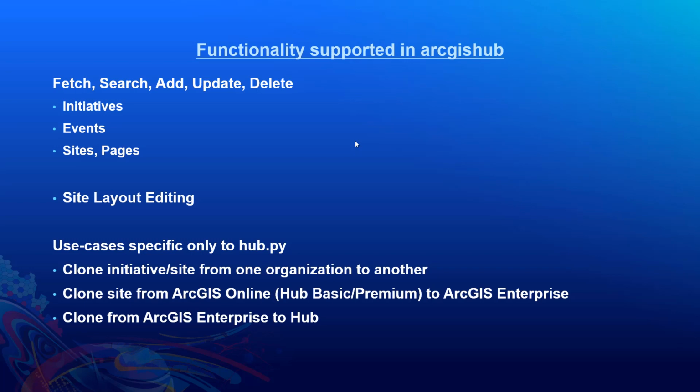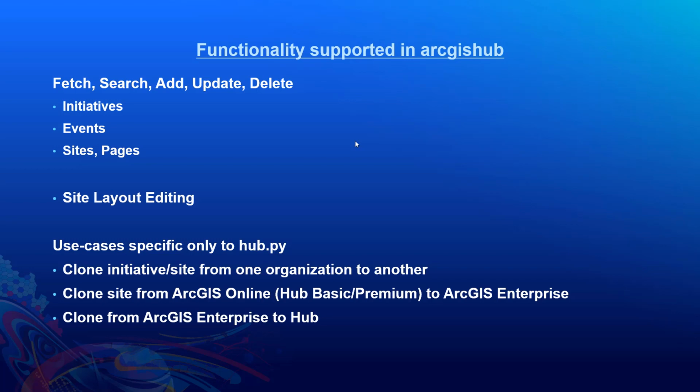A few use cases which are specific to hub.py are the cloning of initiatives and sites. For those of us who've used the UI, the web interface of Hub, to clone initiatives and sites, we've seen how easy and straightforward the process is to clone an initiative or site within our same organization.